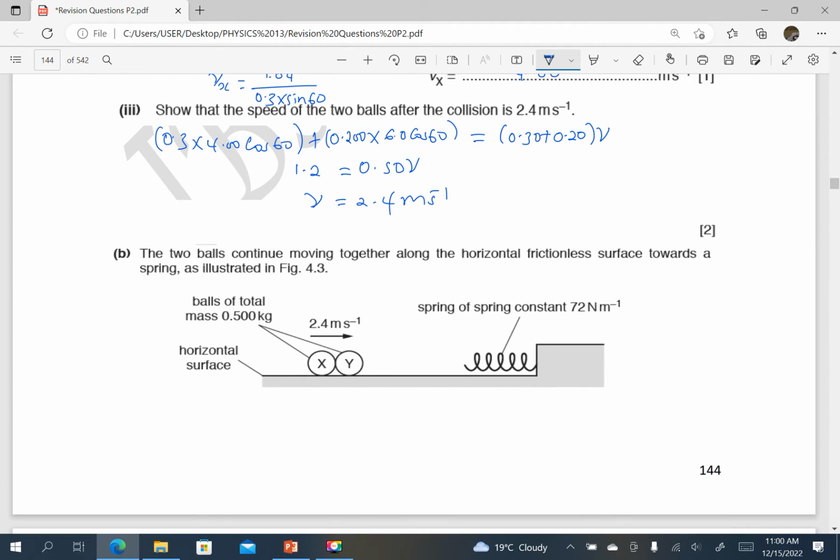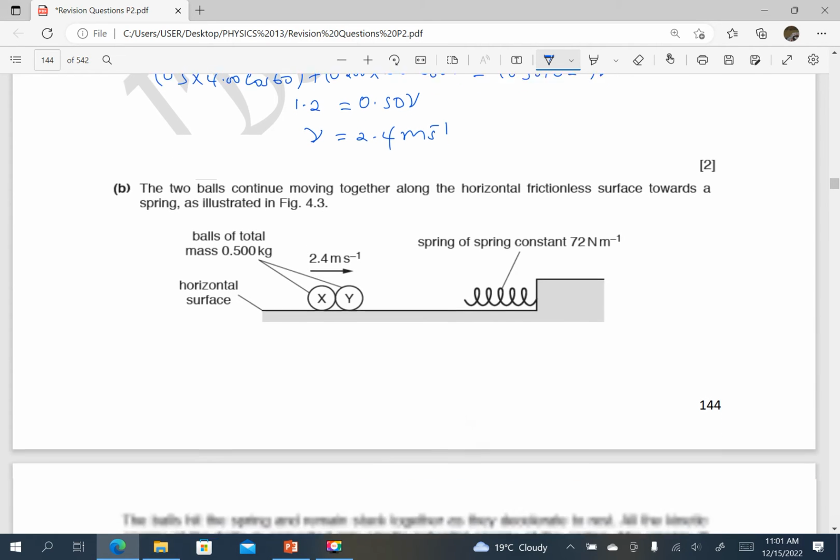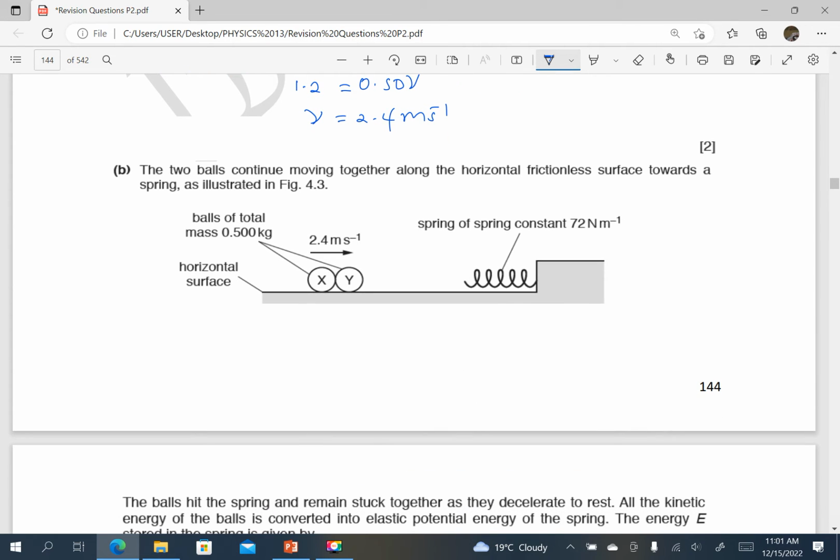The two balls continue moving together along the horizontal frictionless surface towards a spring as illustrated in the figure. So we see they are moving towards the spring with the speed 2.4 meters per second. The spring constant is given.